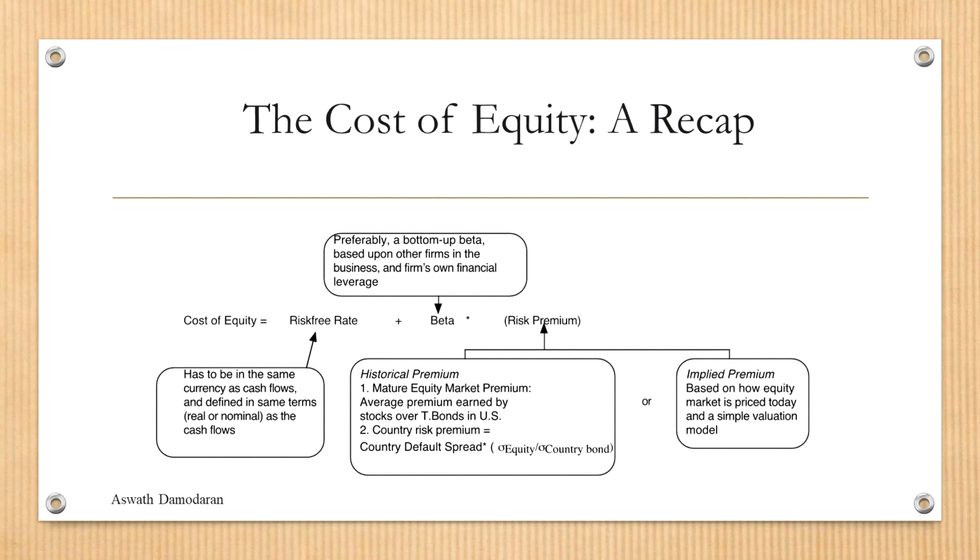For international securities, we have to deal with the country risk premium for this risk-free rate. And once again, we have another three tools to deal with a foreign country's risk-free rate. The first one is to use the CDS spread, credit default swap spread, to estimate the country risk premium for a given country.